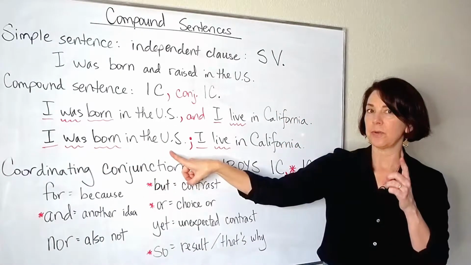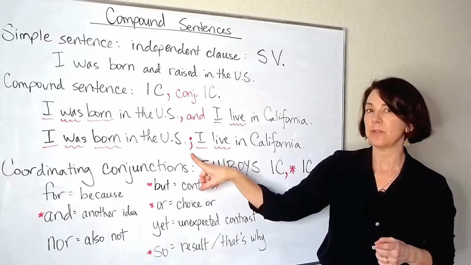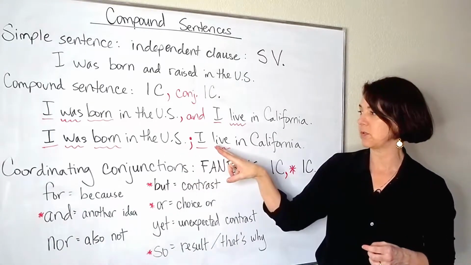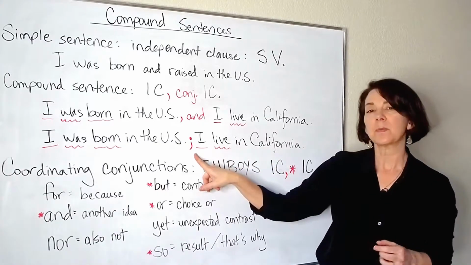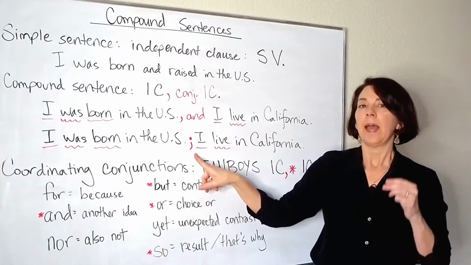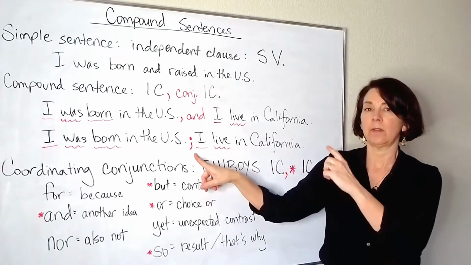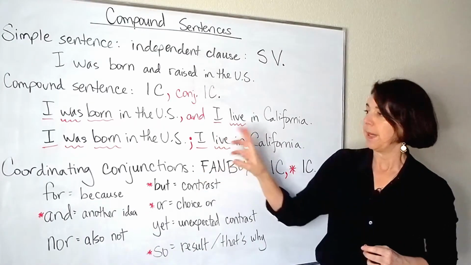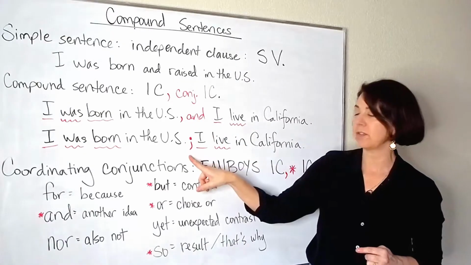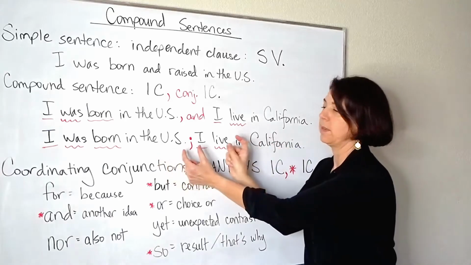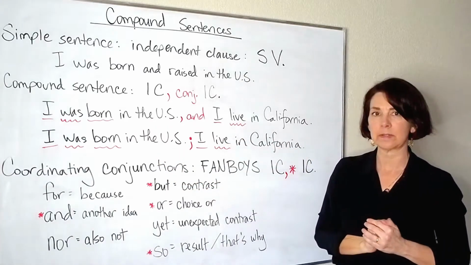Now I'm going to show you a different punctuation here. We can use a semicolon to combine those two sentences, and then we have our second independent clause. This one is not as common, and it's also not as good, and I'll explain why in a moment. But this is another possibility, that instead of the comma and the conjunction, you can just use a semicolon to combine those two independent clauses.